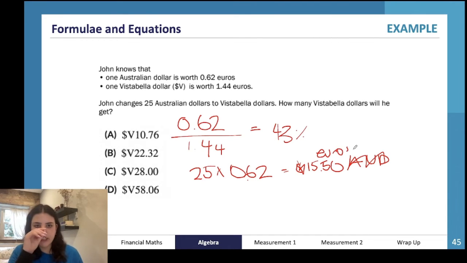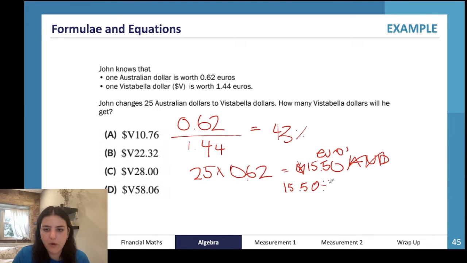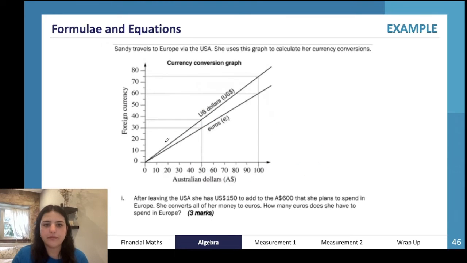Now $1 Vistabella dollar is worth 1.44 euros. So if we do 15.50 euros divided by 1.44, which is how much $1 Vistabella dollar is worth, we get 10.76, which is this answer here.